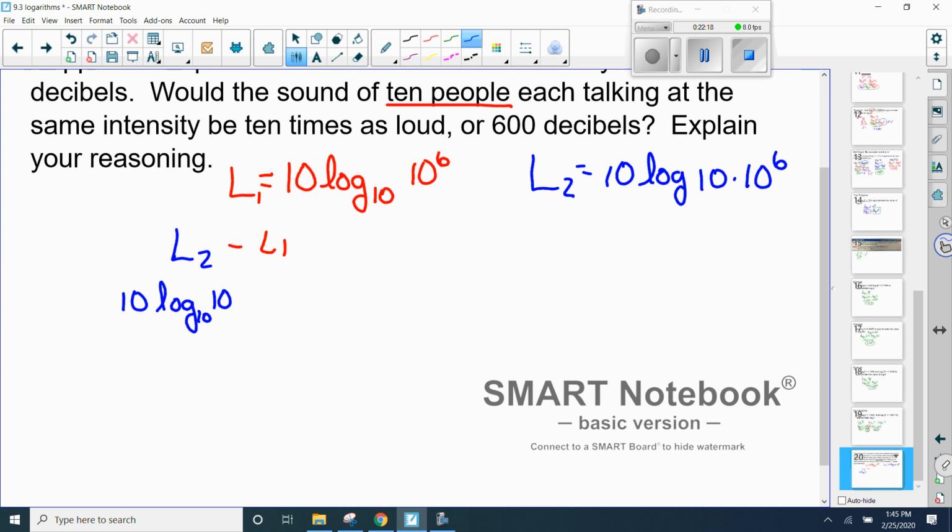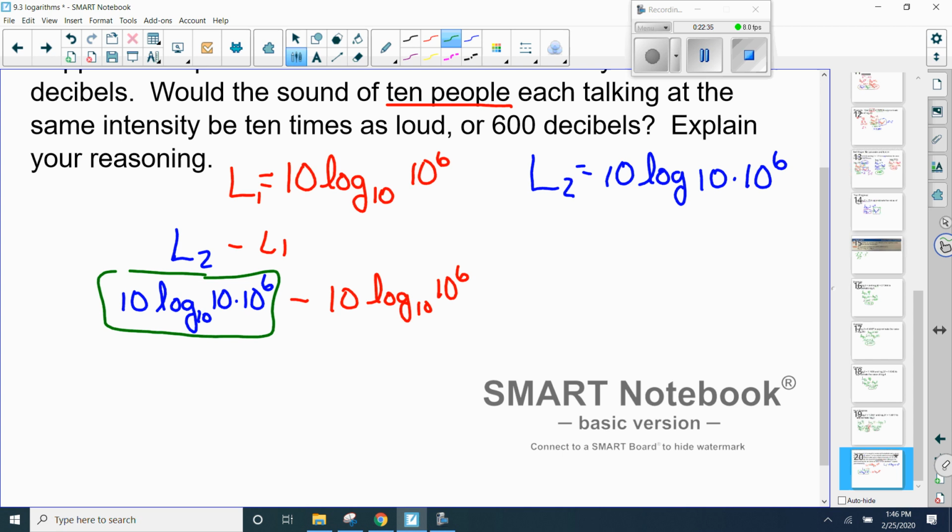I can put it there though, times 10 to the 6th. But I want to subtract from that 10 log base 10 of 10 to the 6th. I have something in particular right here. What have we talked about? How can I write that?